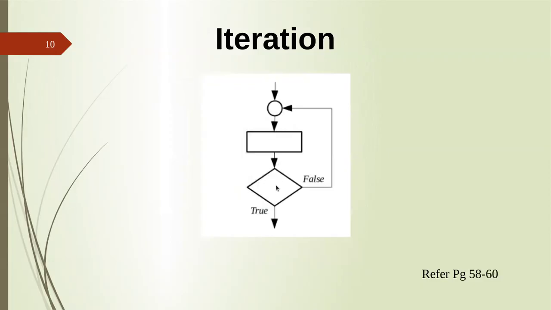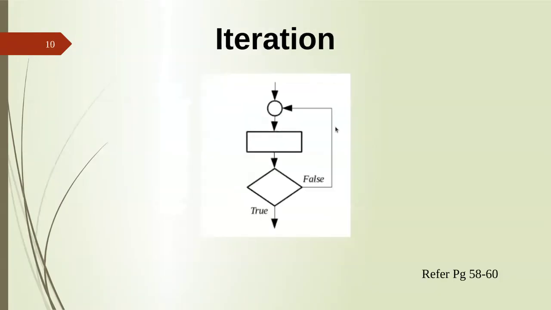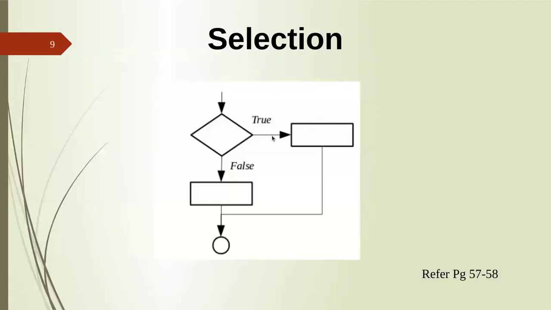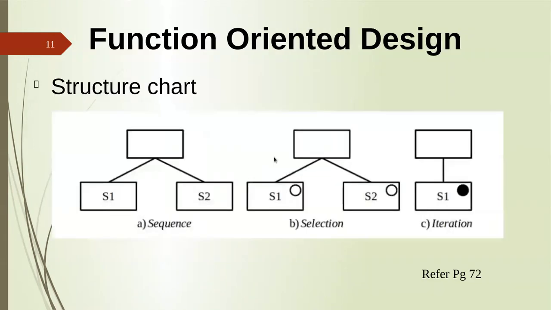Iteration is to check the condition and go back. In selection, it goes forward, but in iteration, it goes back. I will explain in C programming what the iterations, selections and sequences are.